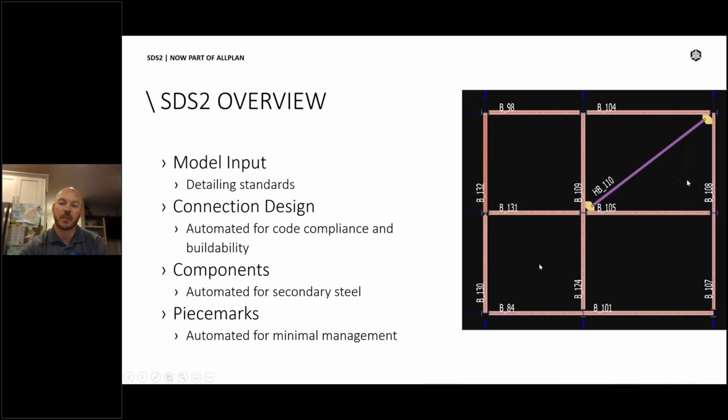No matter if you pick the points from right to left or left to right, we always adjust those piece marks to the left end. That's one example of the traditional detailing standards we incorporate into our software to help with the automation and make the detailing more efficient and more accurate.